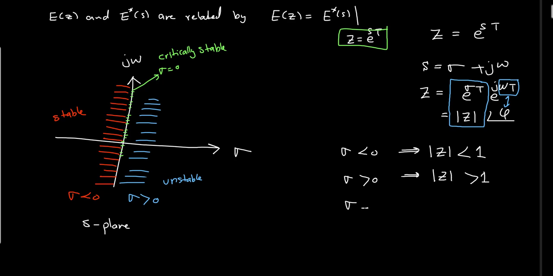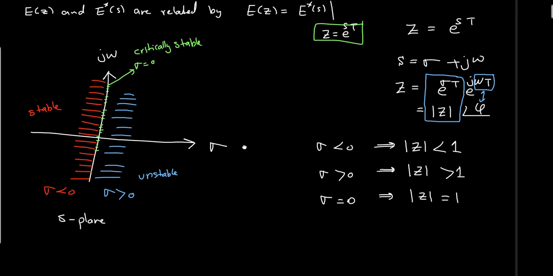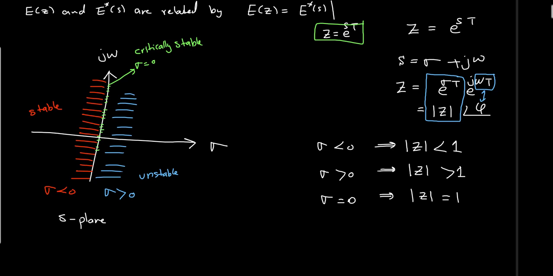And if sigma is equal to 0, this implies that the amplitude is equal to 1. So simply here, I'm having a unit circle in the discrete time system, or the z domain. So let's try to plot it here.